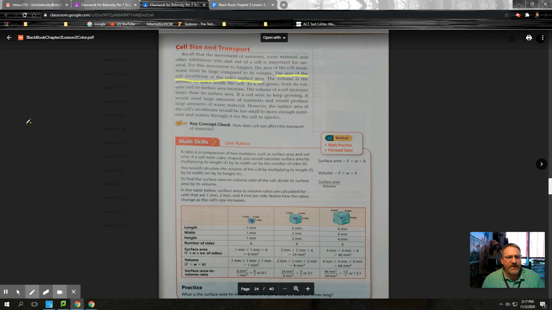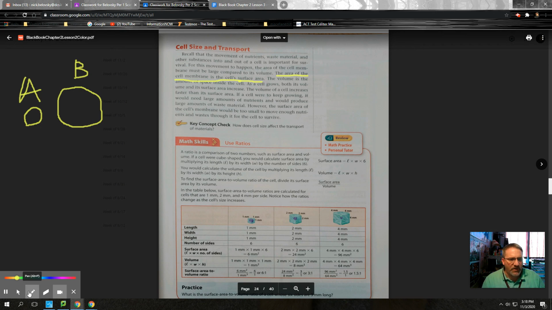In other words, if this is a cell and this is a cell, this is A and this is B. Between the two, which one has a bigger surface area? B does, because it has so much more to it. A has a small surface area.